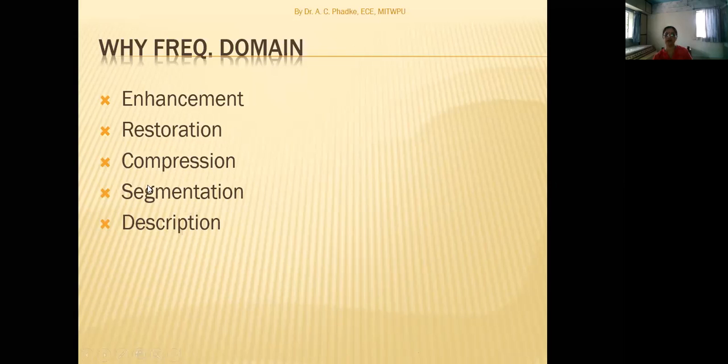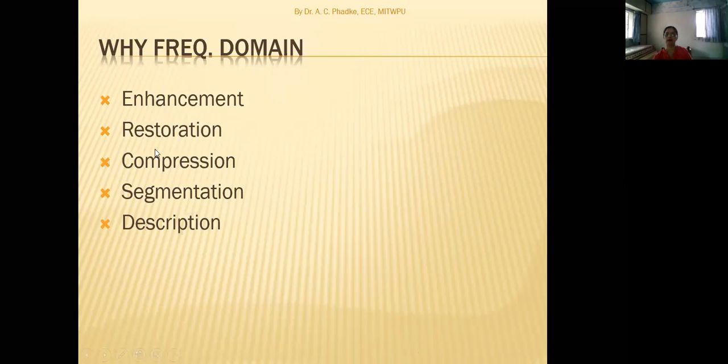Then it is also useful for segmentation and description. Okay. So as this frequency domain is useful for these various applications, we need to transform the image from spatial domain to frequency domain.